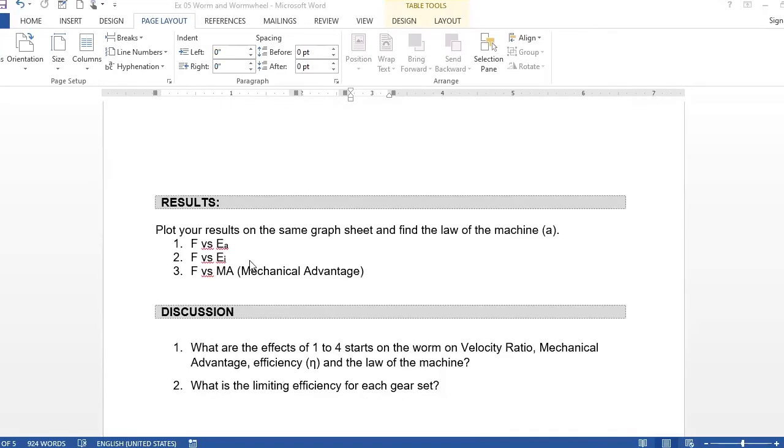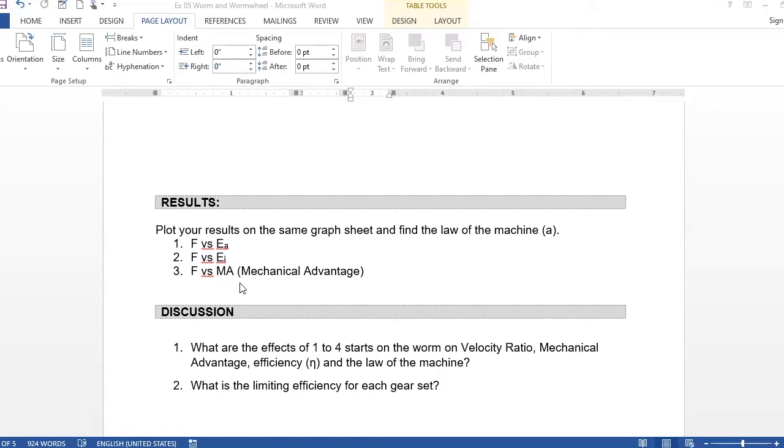On the results section, how many graphs do you have to plot? 3. For each set, there's one gear set and another gear set. For each set, you have to draw 3 graphs. One is load versus EA, actual effort, and load versus ideal effort, and load versus mechanical advantage.